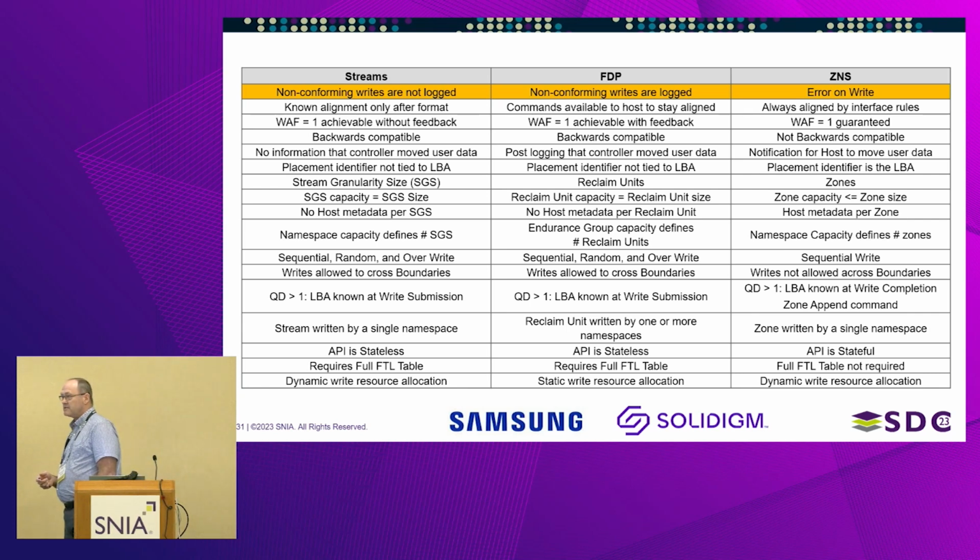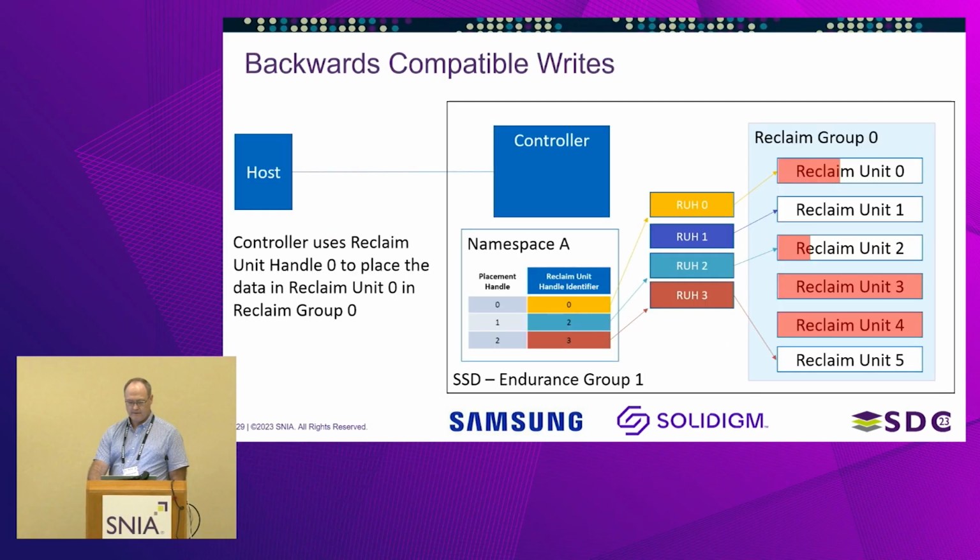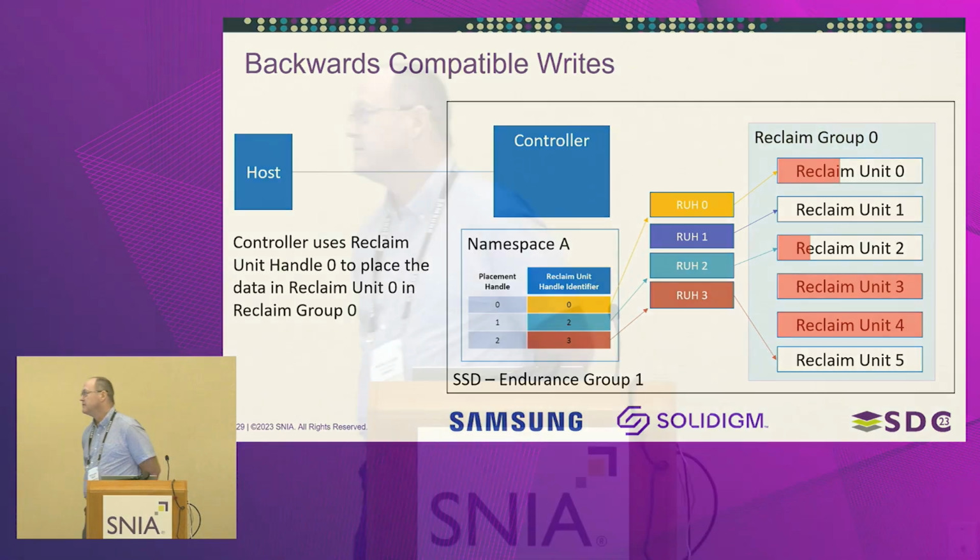Question on that. Yes. So going back to that slide. Yes. So if, let's say that all of the space was filled except for the reclaim unit handle 2 and the reclaim unit handle 3, but there still has space. But there's no space left and you get to the end of reclaim unit 0. Will it fail to write at that point?